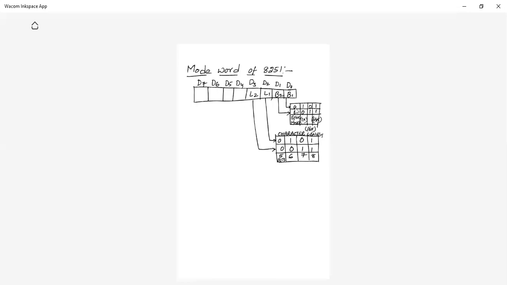When it comes to D4, parity enable, PEN. One for enable, 0 for disable.